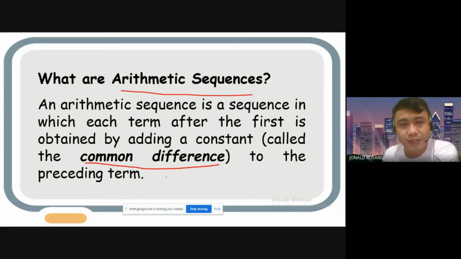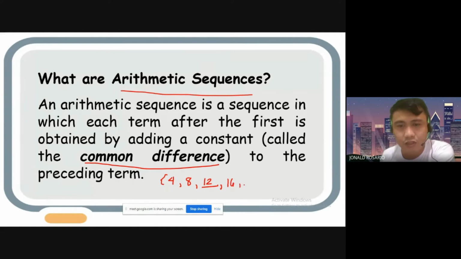Okay? So, for example, yung example natin kanina, pagka ang first term natin ay 4, para makuha natin itong 4, mayroon tayong dadagdag na number or constant. We have 4. So 4 plus 4, that is 8. Ganun din, 8 plus 4 is 12. 12 plus 4 is 16.